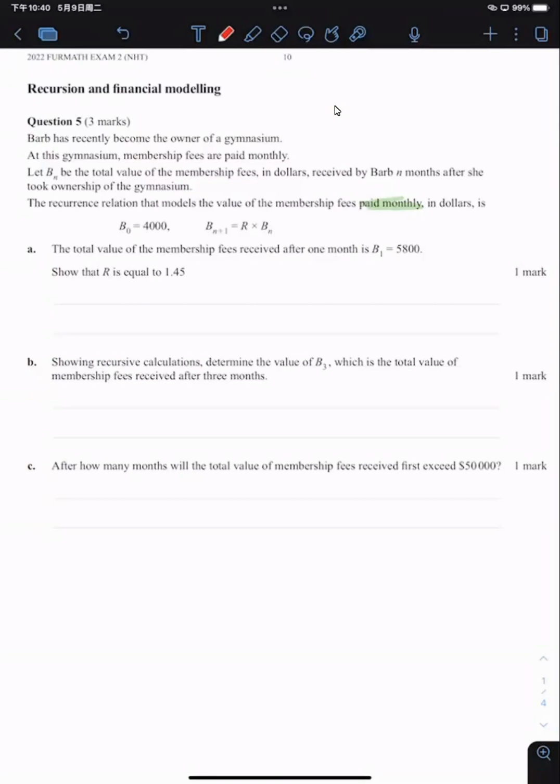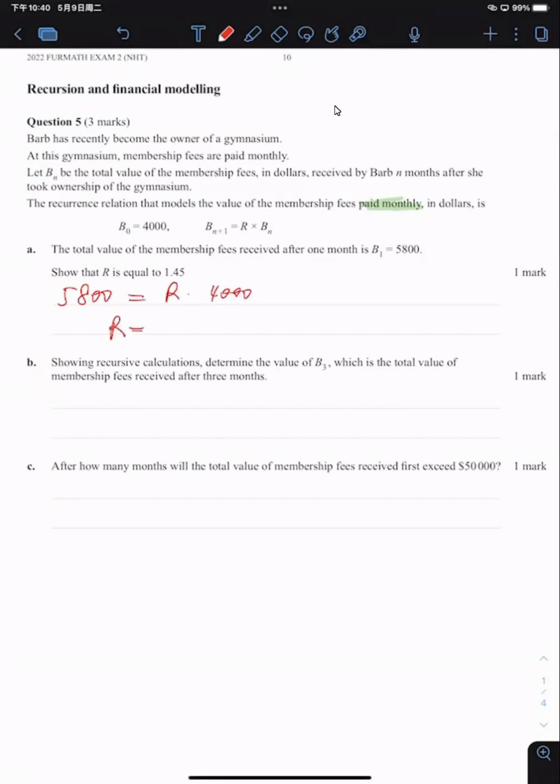You can easily calculate with your CAS, definitely. But for a show-that question, VCAA has strict rules, so you should give the steps. Even though all these 3 questions are 1 mark, for the first one you need steps. So you have 5,800 equal to R times B0, which is 4,000.